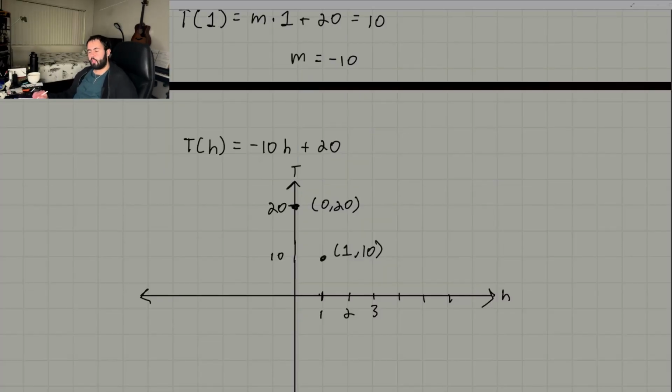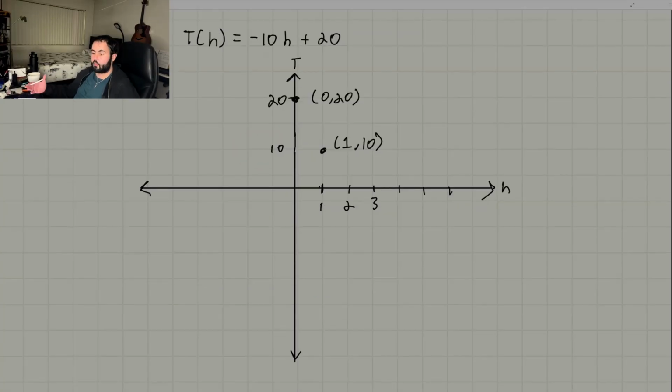Well, we know that the ratio in which our function value changes with respect to h is equal to negative 10. So if h changes by 1, then T changes by negative 10. And our value at h is equal to 2 is equal to 0. And we keep applying the same idea.